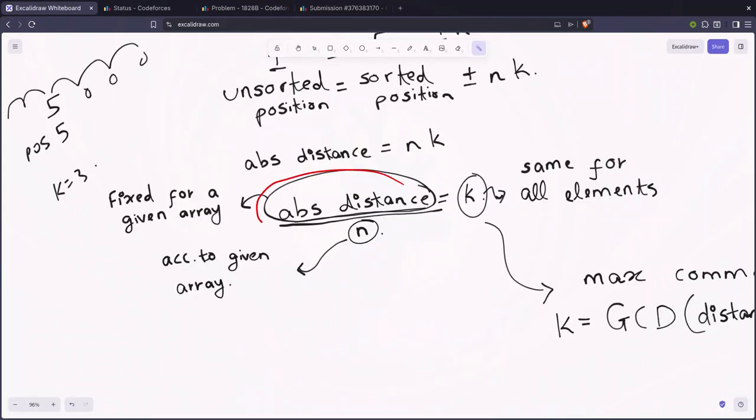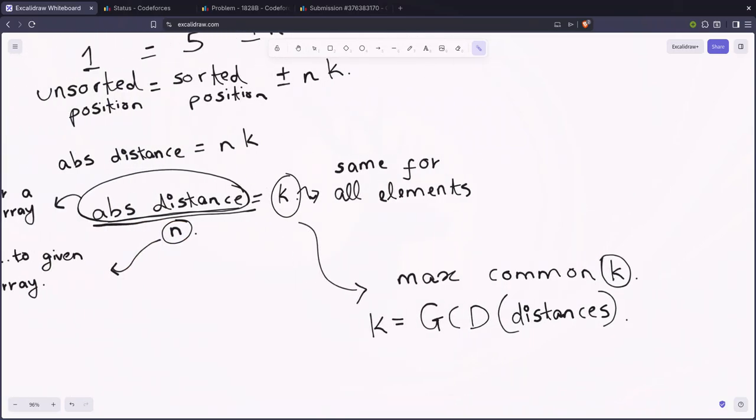So for all the distances you need to find an integer k, that is GCD. You can see it's a GCD. The GCD of distances is k, right?